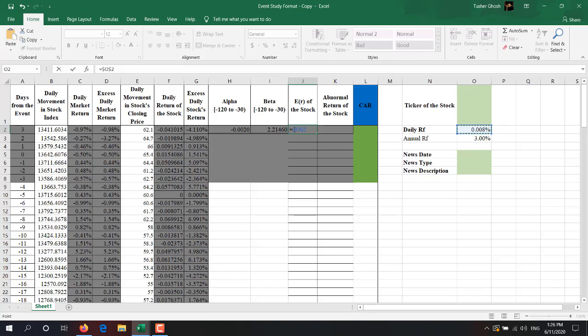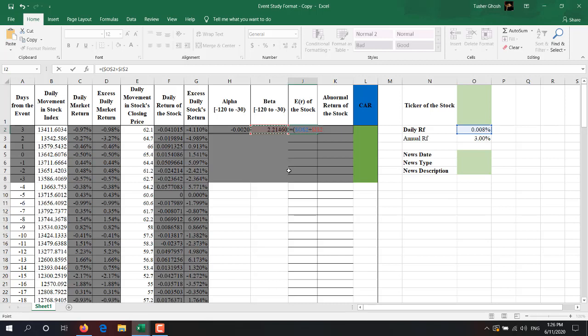Then first of all we put a bracket sign, then select the risk-free rate and lock it, then plus beta, this one, and we lock it as well with F4.